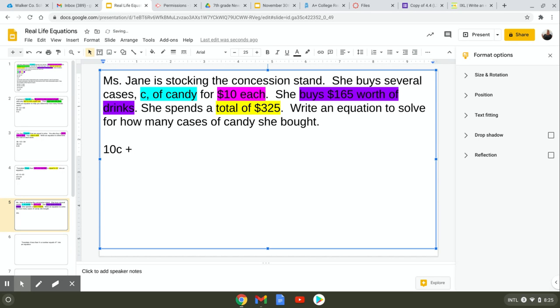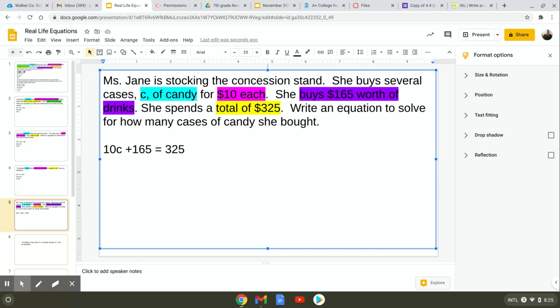So we know that however many cases of candy she bought, she also buys $165 worth of drinks. And we know that she spends a total of $325. So we have to write an equation to solve how many cases of candy she bought.